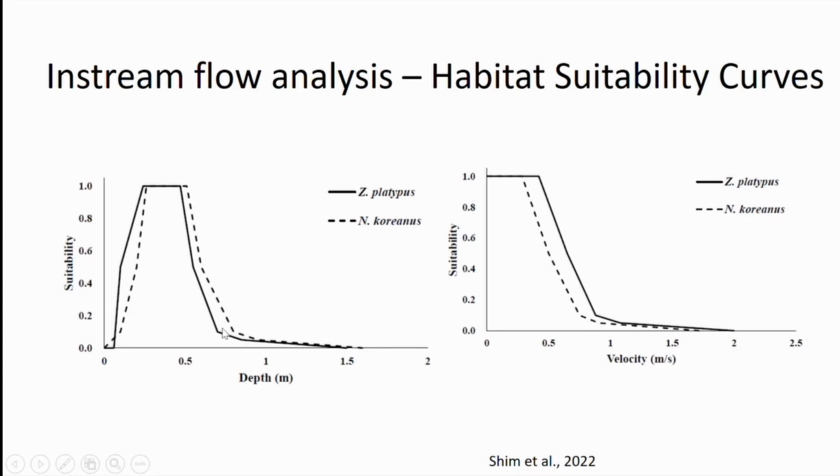So the habitat that is created becomes unsuitable for their survival. So with this information, you can inform like an operator of a dam or a reservoir system as to how much flow can be released downstream to ensure that this condition in terms of depth and velocity are being met.